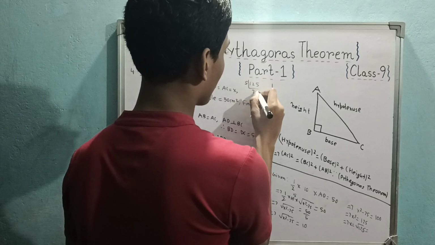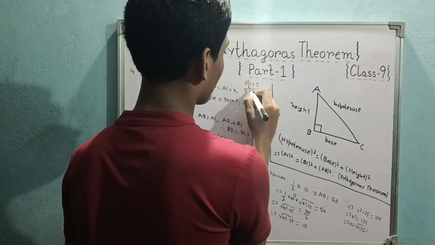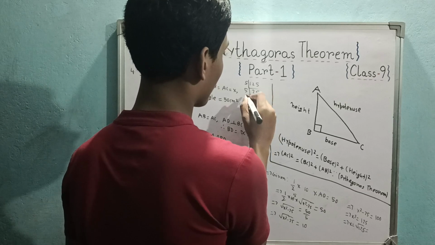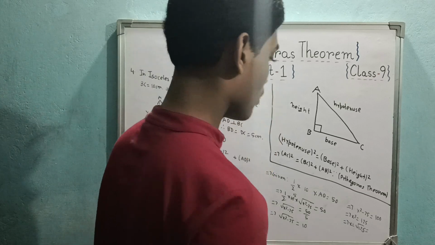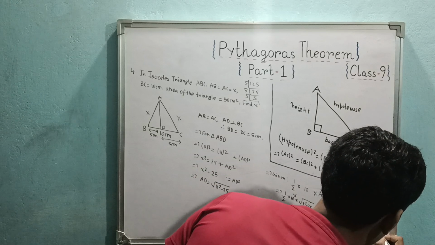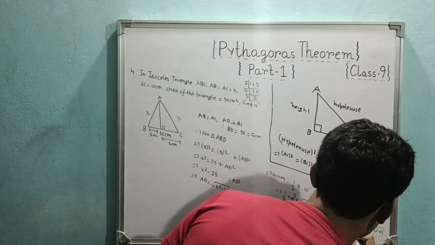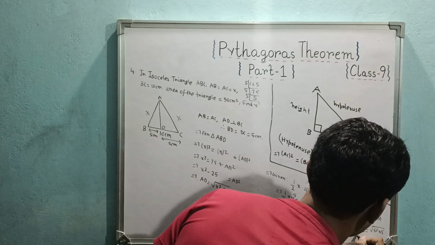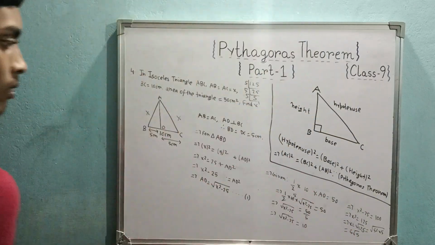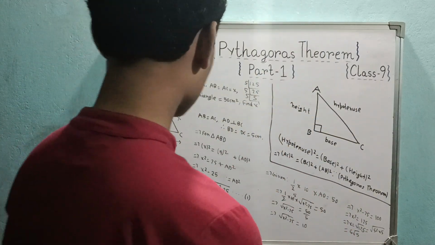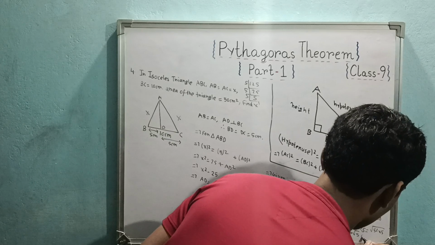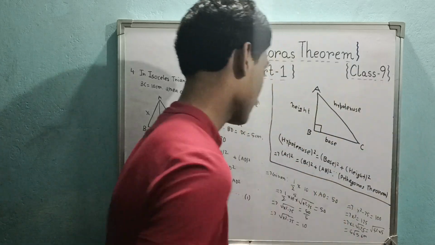By 5 is 25, by 5 it is 5, and by 5 it is 1. So it can be written as root of 5 square into 5 equal to 5 root 5, and the unit will be centimeter. Man, that was a hard question, right?